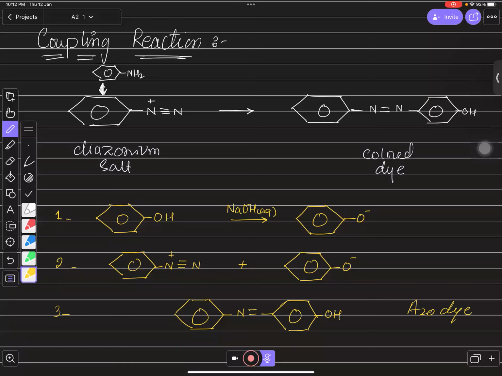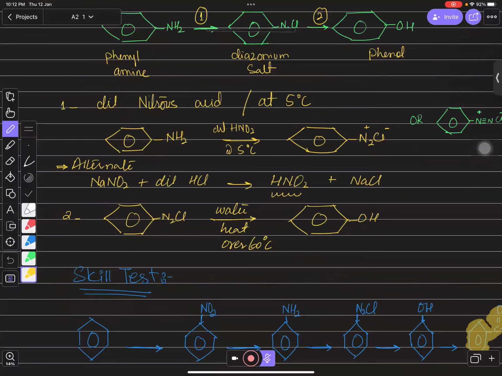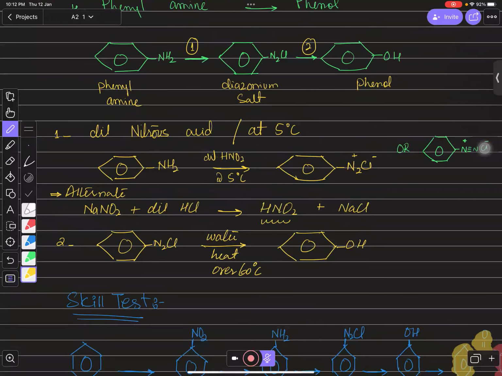This is one of the colored dyes which you can produce from diazonium salt, and we know that diazonium salt can be produced from phenylamine. We already talked about that in the last class. If you don't remember this, I can show you over here. We were talking about this in the last class, that you can convert phenylamine into diazonium salt.